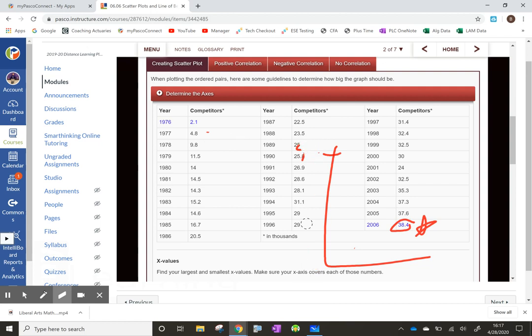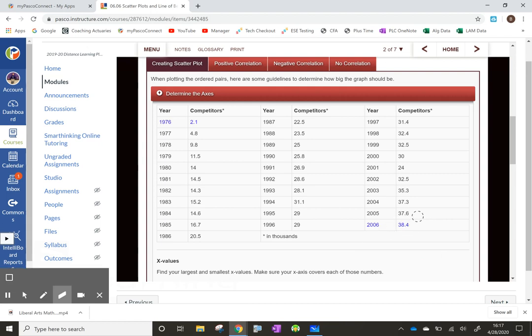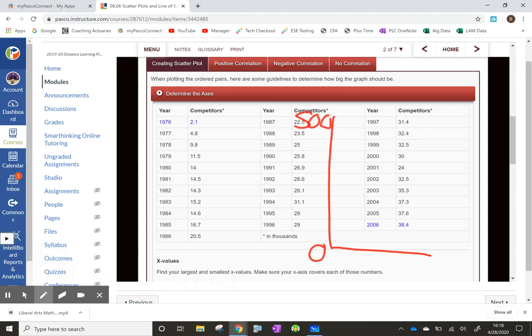We've been doing that for a while, but it's really just making sure you use values that make sense. I've seen some people turn in work where their axis doesn't make sense. For example, I've seen people who, on a problem like this, would maybe do their axis from 0 all the way up to 500. Now, why would that make any sense? For the y values, the competitors, the highest it goes is 38.4.